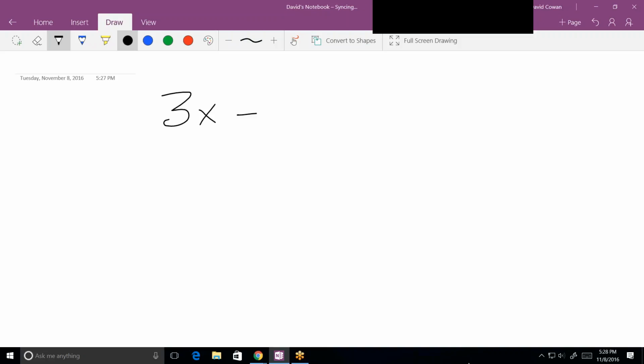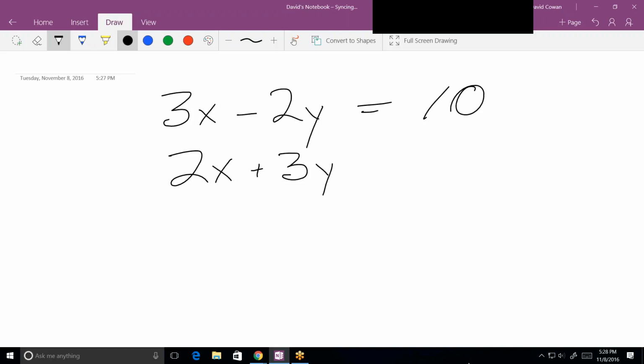Let me give you one more and then I'll let you go. What are you going to do here? Remember what the goal is. The goal is to eliminate a variable. Multiply.